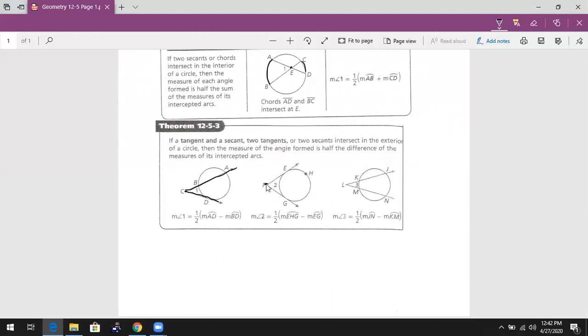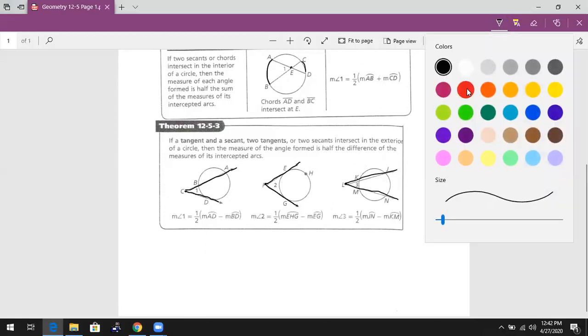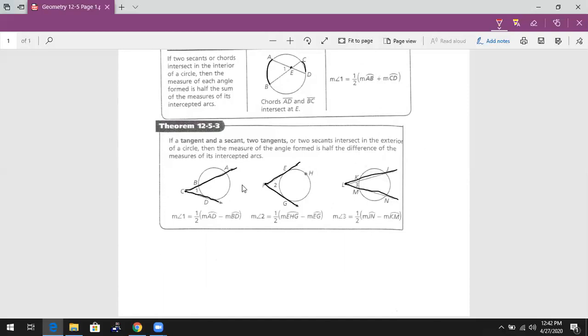In this case, we have a tangent, FE, and a tangent, FG. In this case, we have a secant, LJ, and a secant, MN. But regardless, you'll notice there are two arcs that get intercepted here.